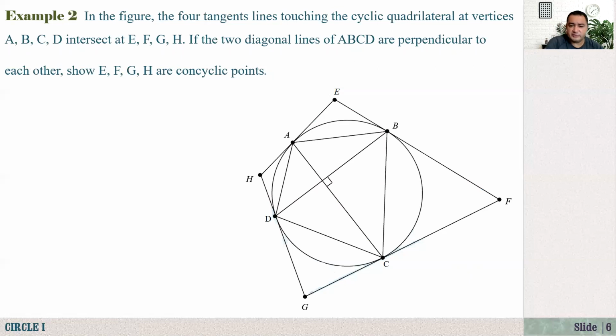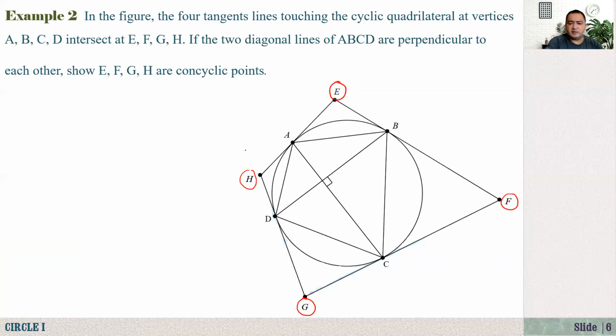Let me just circle them. H and G is here, and F is here, and E is here, right?